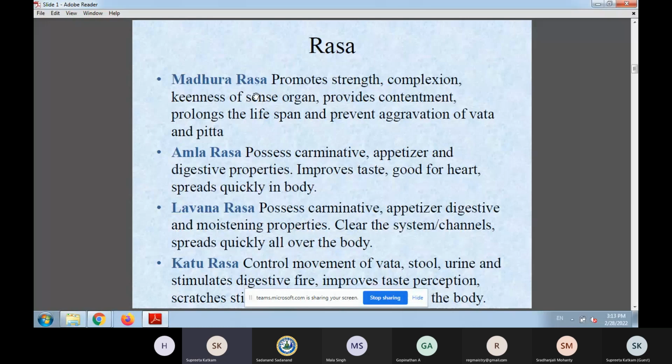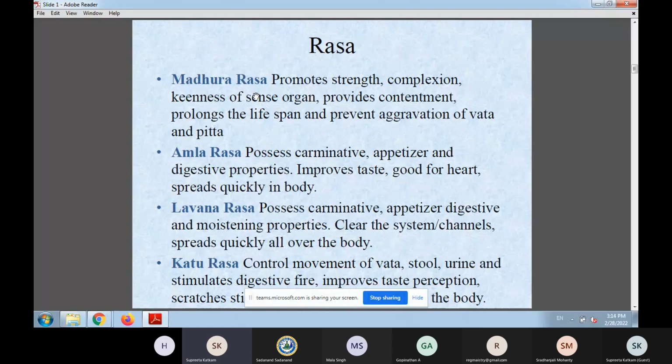What one should know about rasa is, yes, the basic concept that it is going to nourish the body, improves the complexion, good for the sense organs, and prevents aggravation of vata and pitta dosha. It is essential.